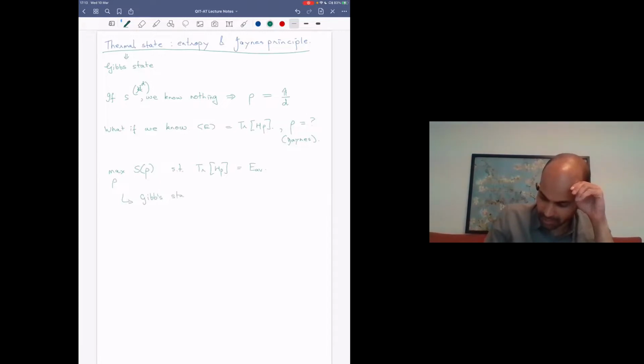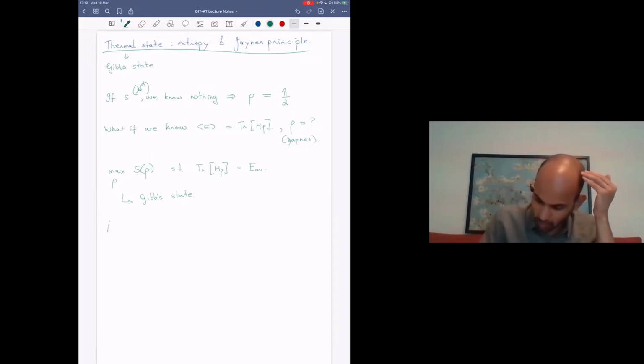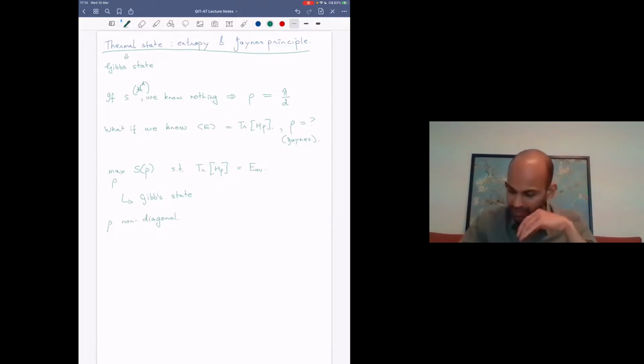And there are multiple ways of arguing this, and I like to argue it in two steps. The first step is to argue that the density matrix that maximizes the entropy given a fixed average energy is always going to be diagonal in the energy eigenbasis. And the reason is the following. Imagine we take rho non-diagonal in energy, so let it have some coherences in energy.